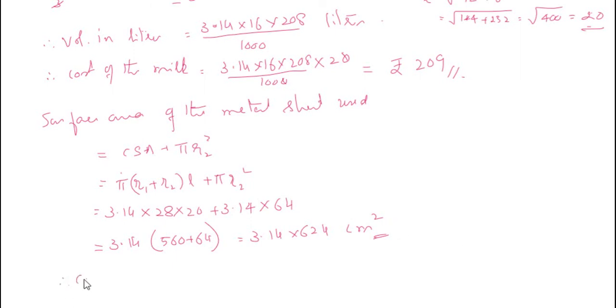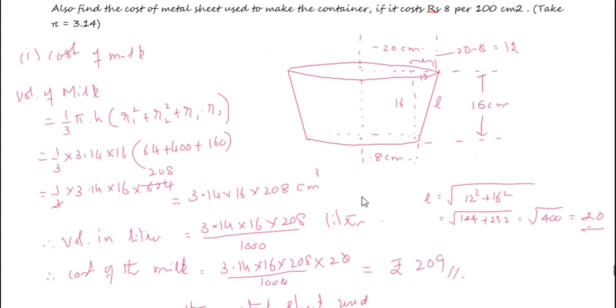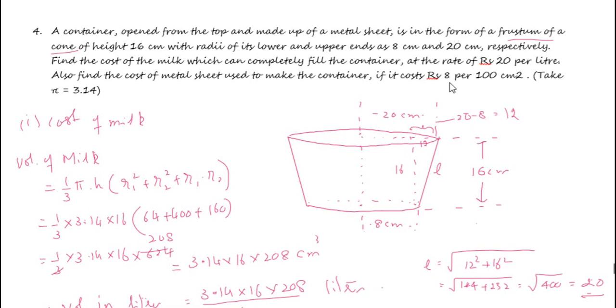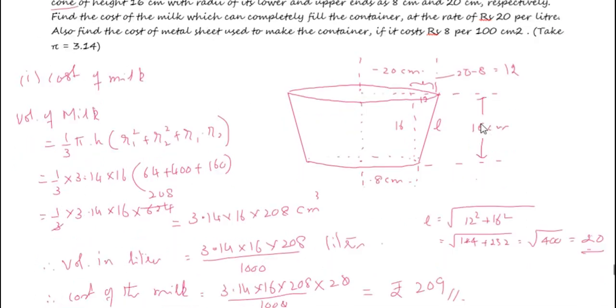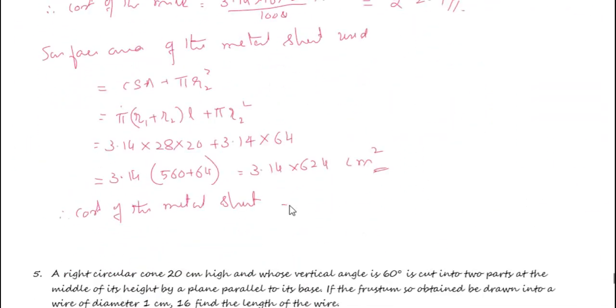Therefore, cost of the metal sheet. What is the cost of the metal sheet? It is rupees 8 per 100 centimeter square. Let us first write the total area, that is 3.14 into 624, rupees 8 per 100 centimeter square.